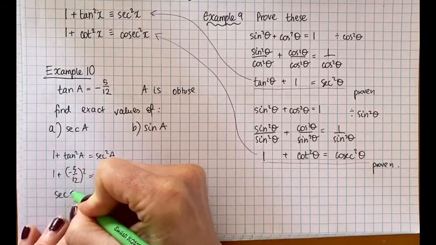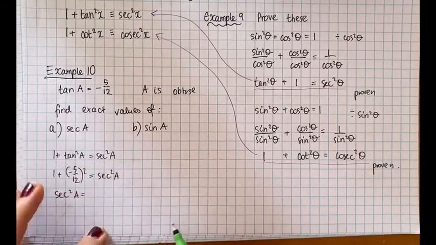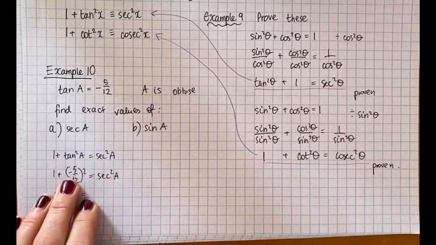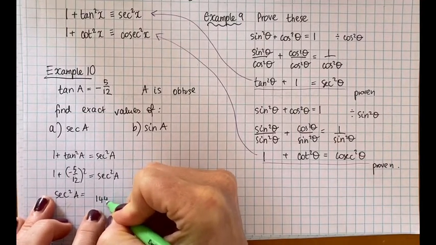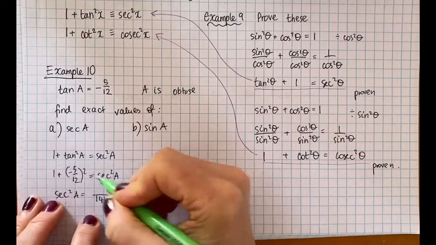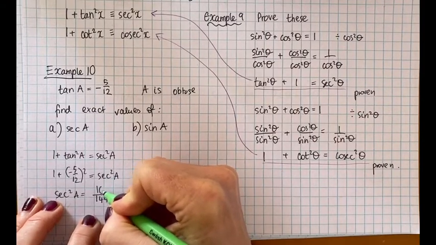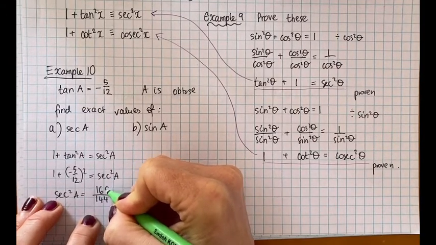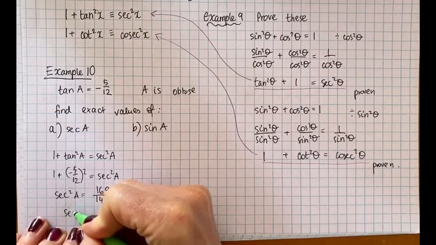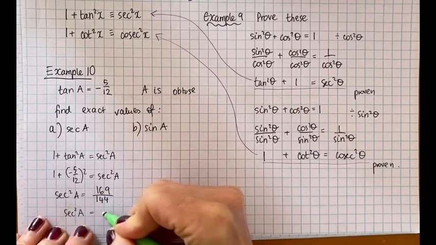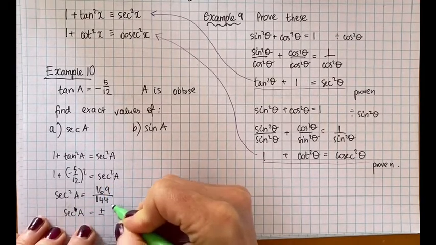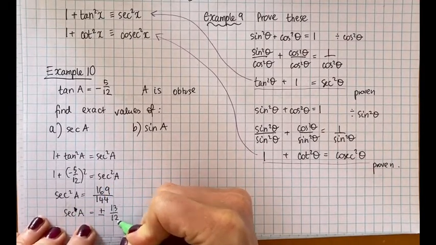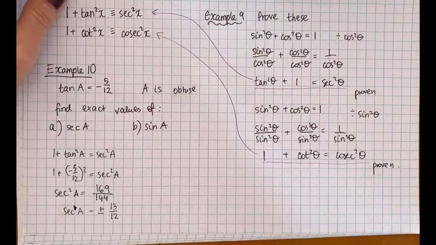So sec squared A is equal to 25 over 144 plus 1. That gives me 144 in the denominator, and then 144 plus 25 is 169. So sec squared A is equal to 169 over 144. Take the square root, and you've got sec A as 13 over 12, but possibly negative or positive.